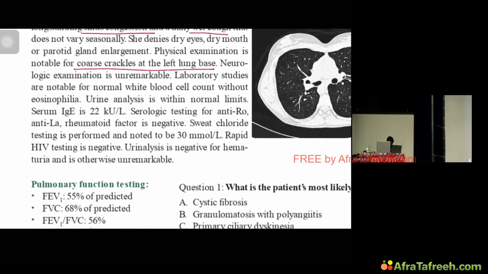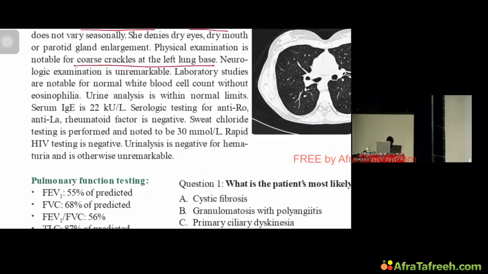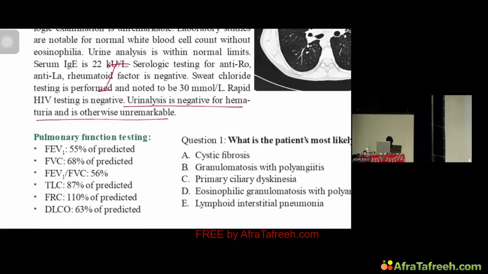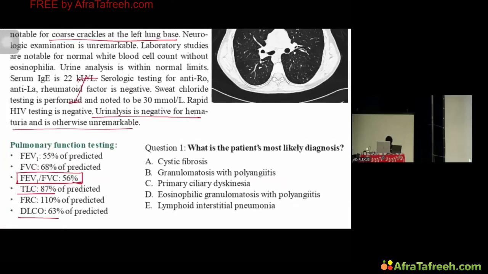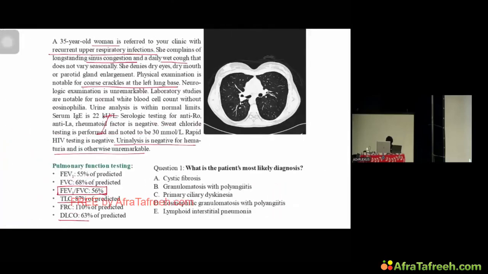Otherwise everything is negative. Urine analysis is negative for hematuria and otherwise unremarkable. The patient has FEV1 by FVC of 56%, TLC is 87%, DLCO is 63%. What is the most likely diagnosis in this patient?